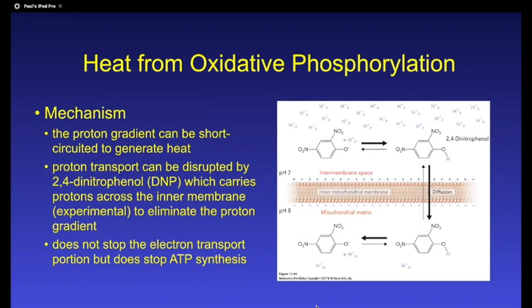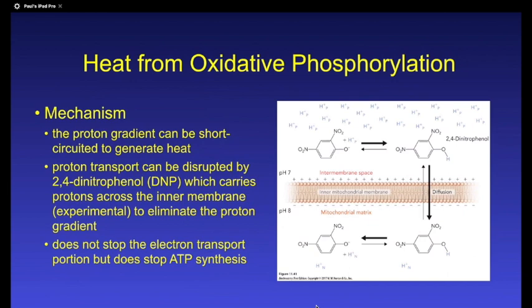All right. The molecule 2,4-dinitrophenol, DNP, was found to do something that was kind of interesting. And it was initially used as a diet pill. Now, what did it do?